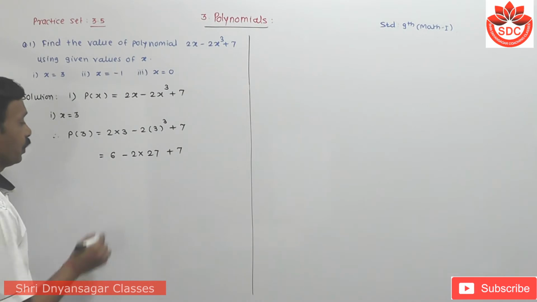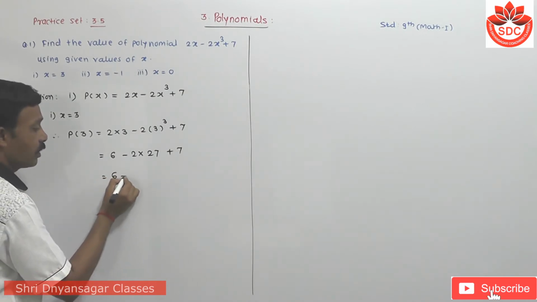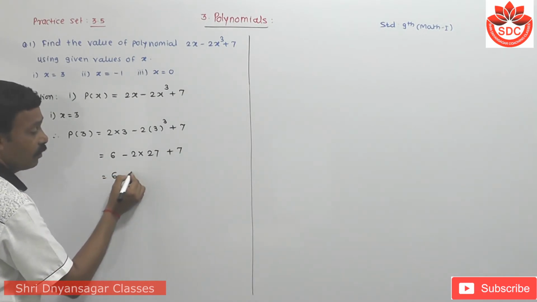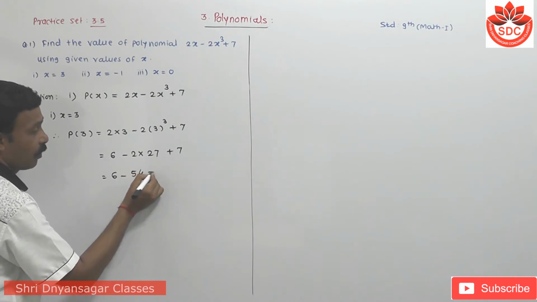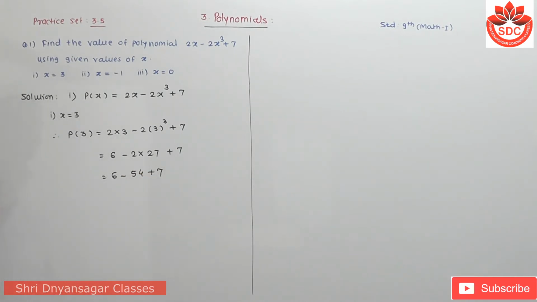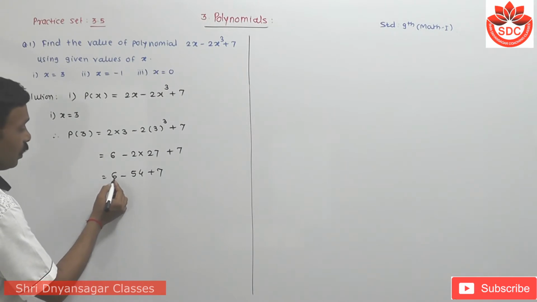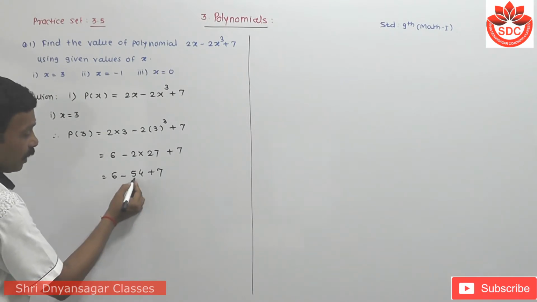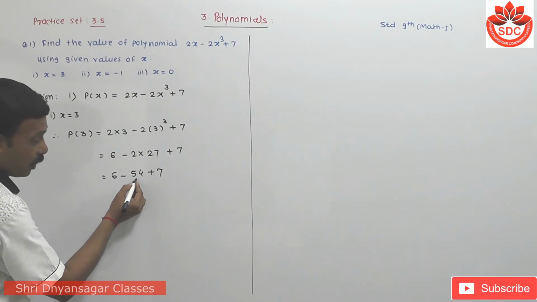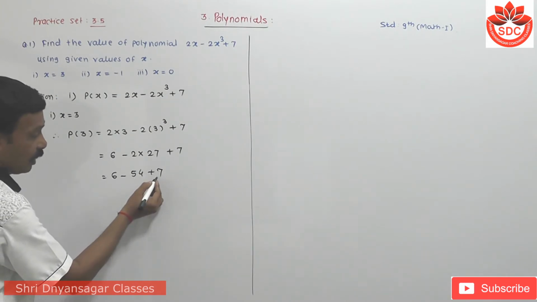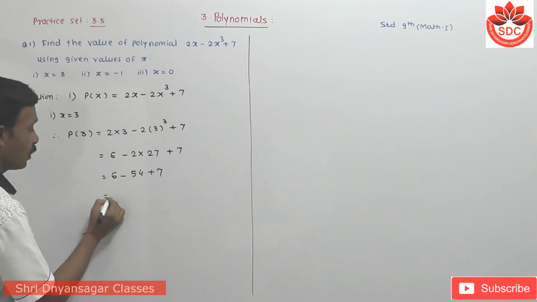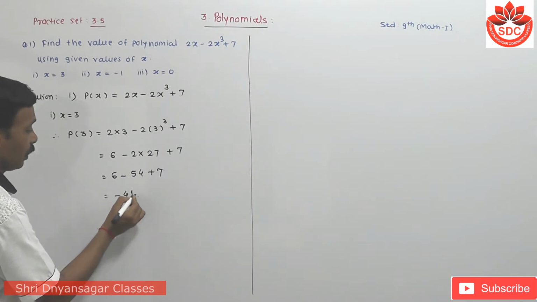So 6 minus 54 plus 7. When we subtract, it becomes minus 48, then plus 7 gives minus 41.